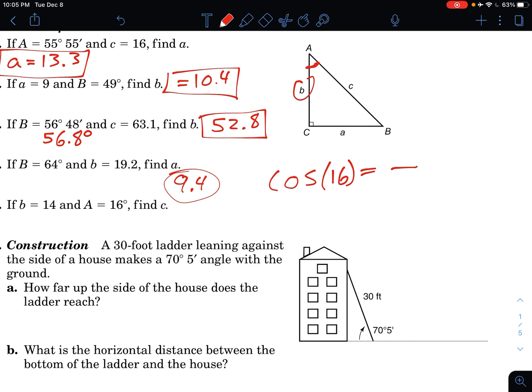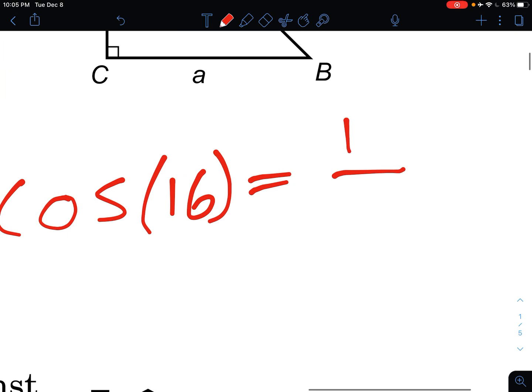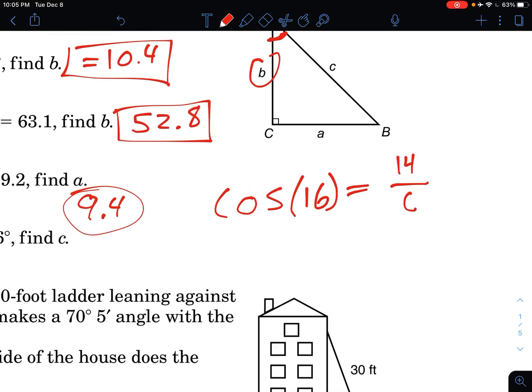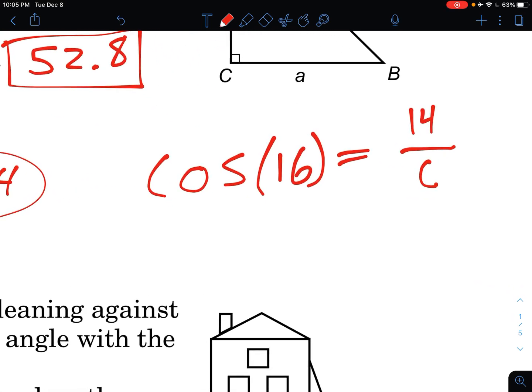So adjacent over hypotenuse, so we're going to get 14 over C. Since the angle 16 is so small, 14 is our long leg, so the hypotenuse is going to be pretty close to the longer leg in this case. So it's going to be a little bit bigger than 14.